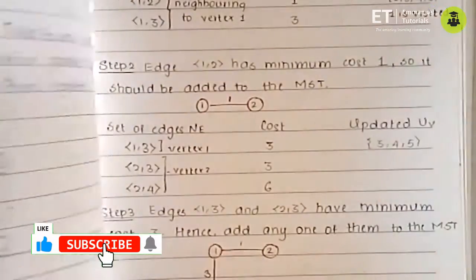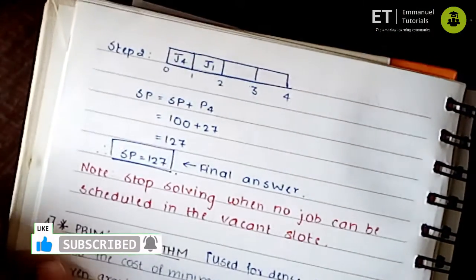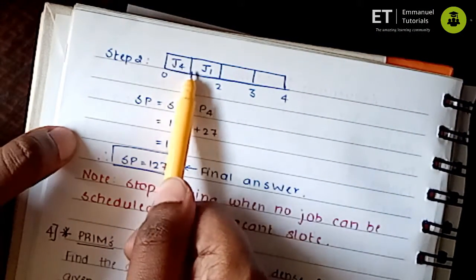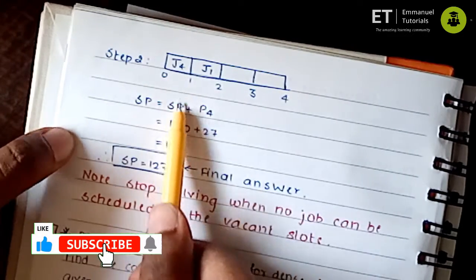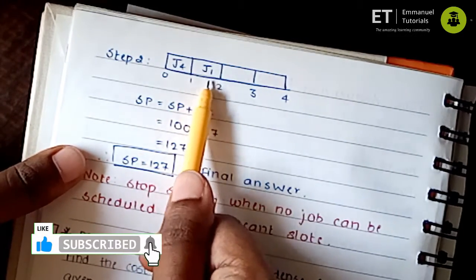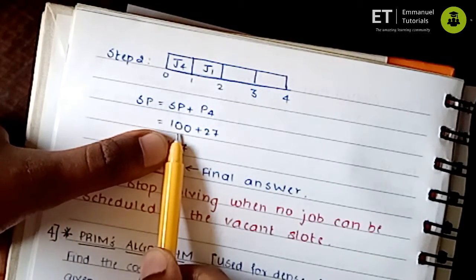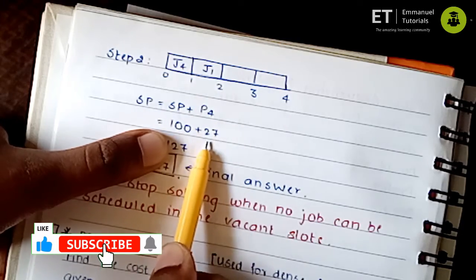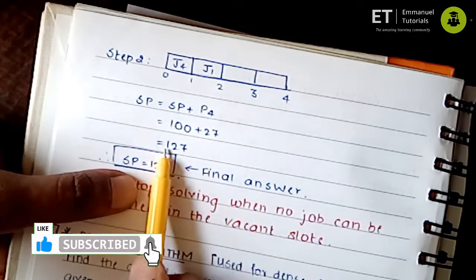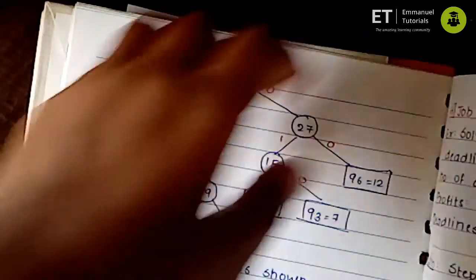So in the second step, we have placed J4 at the first position. So the profit will be the sum of profits of J1 and J4. So the current profit, which was the profit of J1, is 100 plus the profit associated with job J4, which is 27. So we have the current profit as 127 now. Now we can go to the next job.